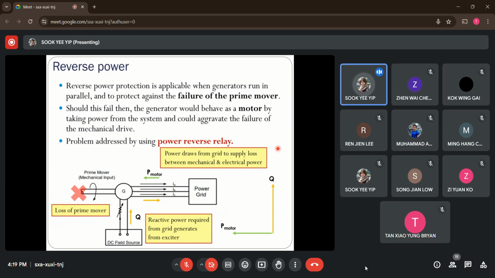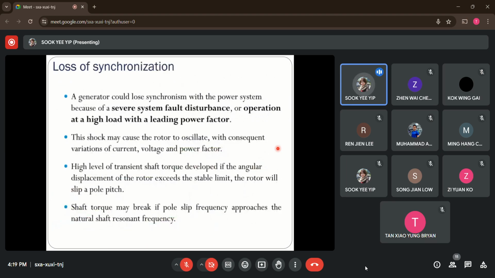All right, so now let's look into the last abnormal operating condition for the generators, which is loss of synchronism. Whenever you see loss of synchronism, it means the generator has run out of step right now. So how does it occur? A generator can lose its synchronism with the power system because of several fault disturbances from the power network.